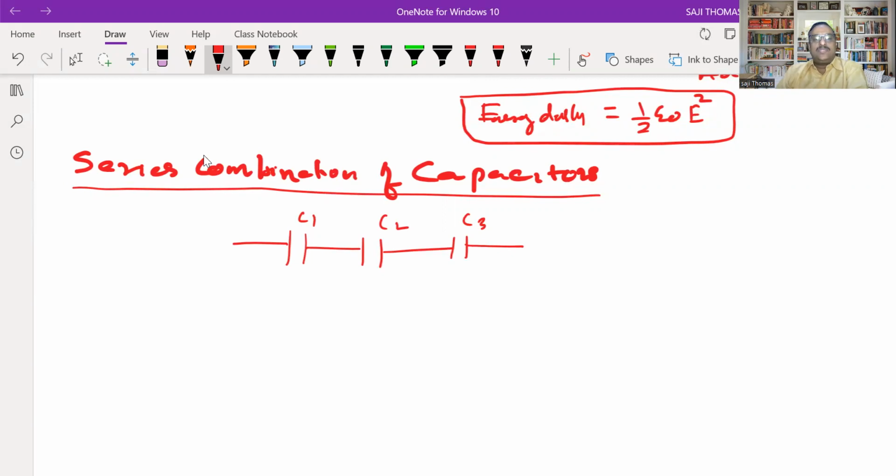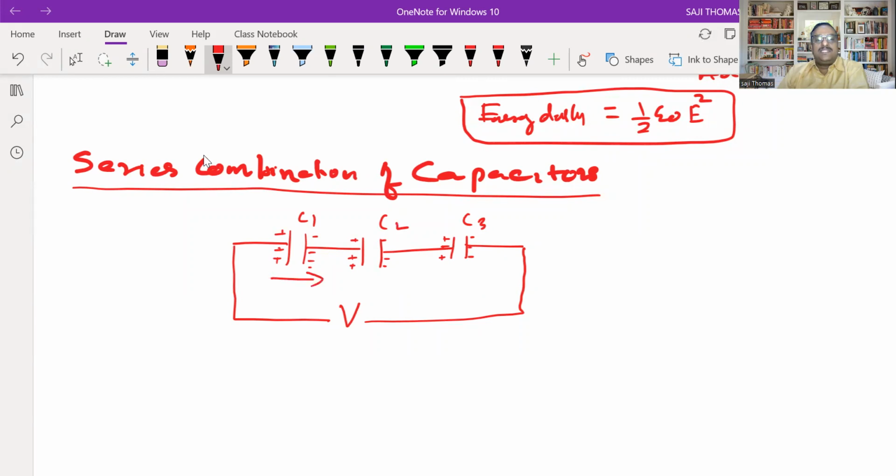Suppose the charge on this plate is plus, this plate minus, here it will be plus. So the same charge appears across all the capacitors. This is the series connection, connected to a potential difference V. Here the potential will be divided.